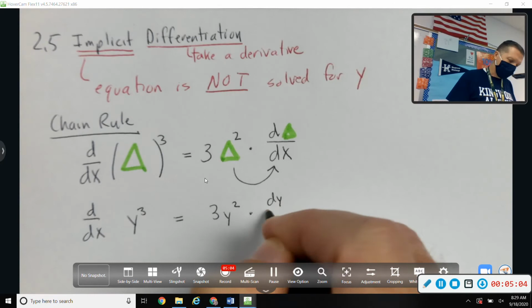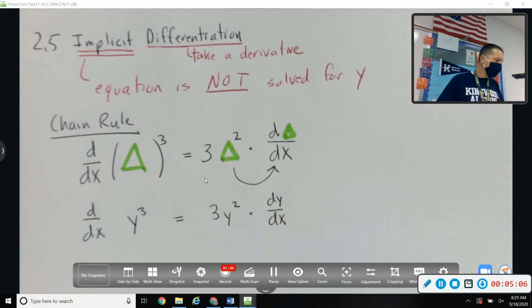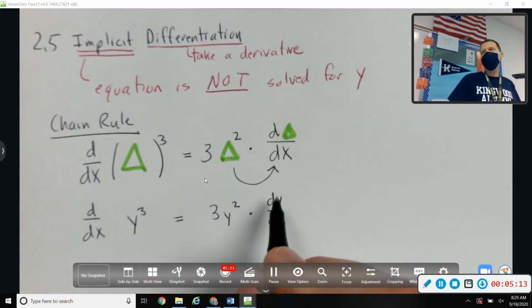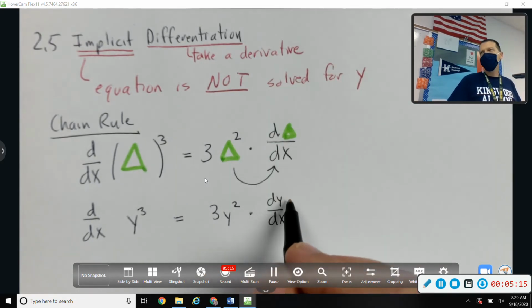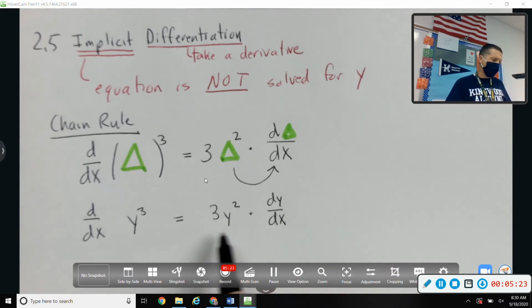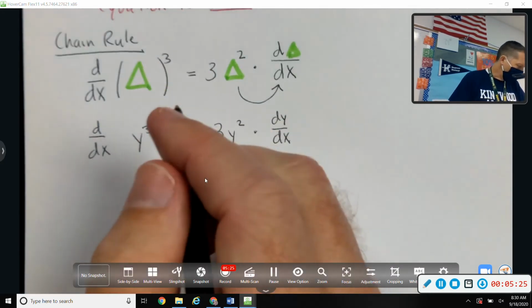So times dy dx. So this extra stuff with y we haven't done before because we've not needed to. We always just had y on one side. And so the derivative of y was y prime, or dy dx. That was it. But today we're going to have y's doing some extra stuff as well.